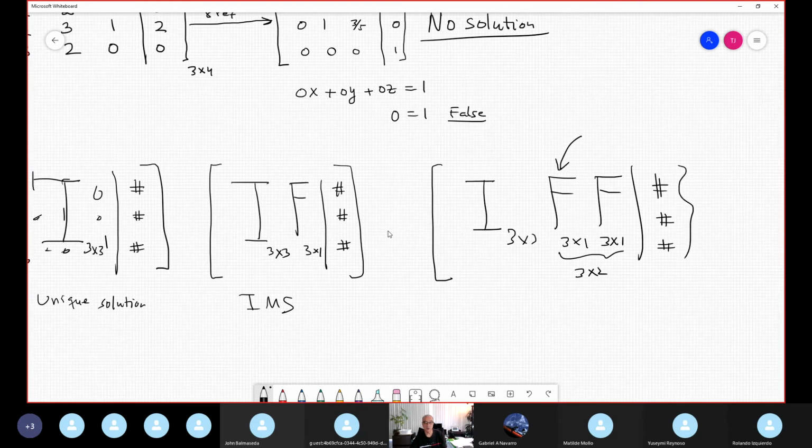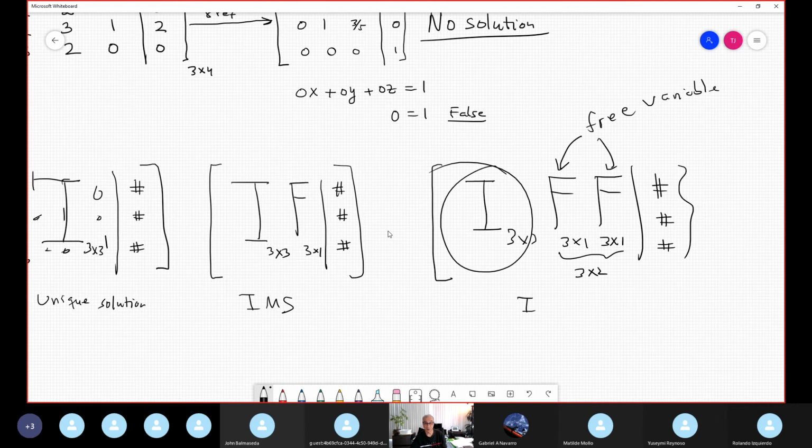This is a free variable, and this is also a free variable. The non-free variables are those contained in the identity part. So we have infinitely many solutions, but the difference is that the dimension of the solution is 1, a line, and here the dimension of the solution is 2, a plane.